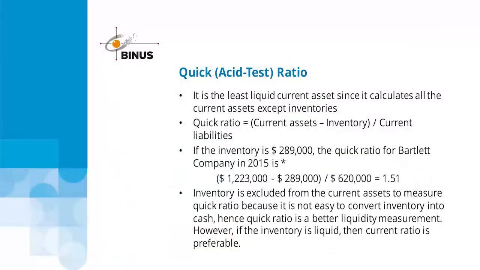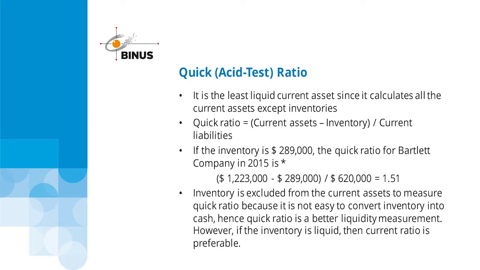After the current ratio, we have a more stringent liquidity ratio, the quick ratio, where we exclude the inventories, because inventory is the most illiquid compared to the other current assets, since it is hard to convert inventory into cash. That's why to get the quick ratio we subtract inventory from current assets, and after we get the result, we divide it by the current liabilities.